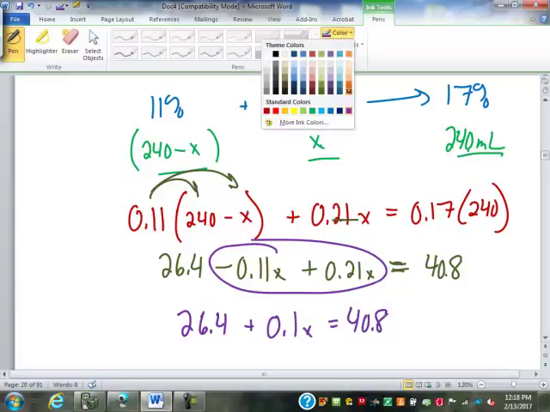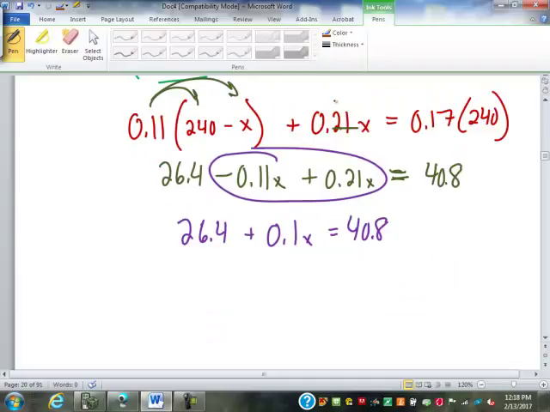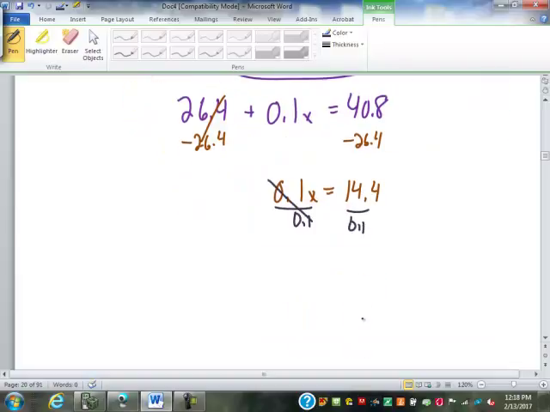We will subtract the 26.4. So we got 0.1x equals 14.4. If I divide by 0.1, I get x equals 144.